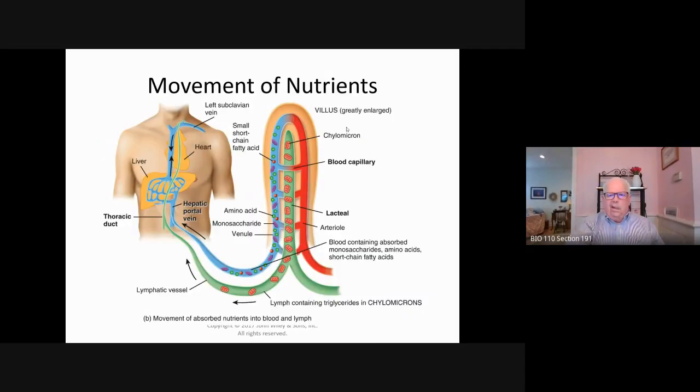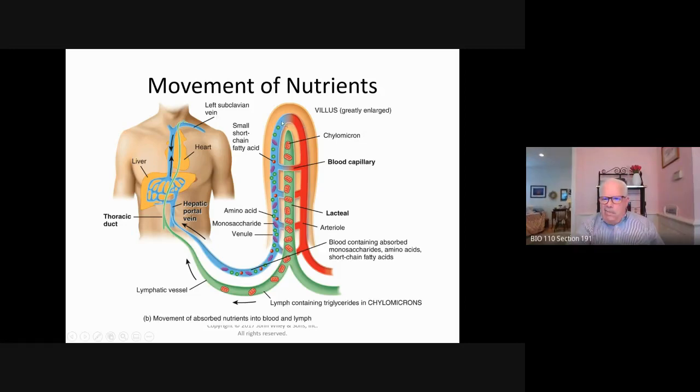Okay? This is a lacteal. Remember, I told you that fat cannot go through the barriers. It has to attach to a protein. And when fat attaches to a protein, you get what's called a chylomicron. It is a combination of fat or lipid and protein. It's called a lipoprotein.